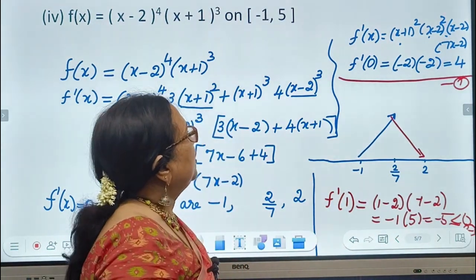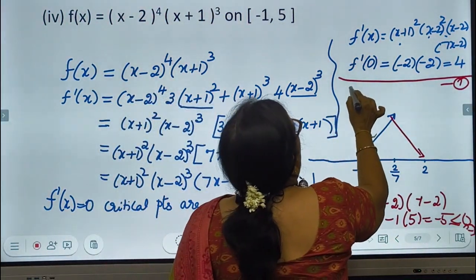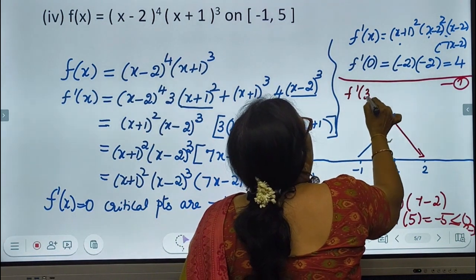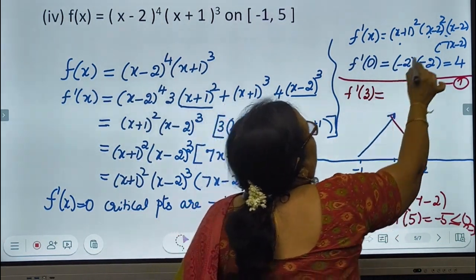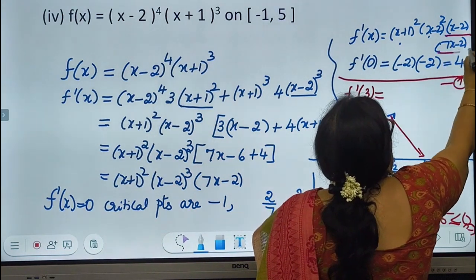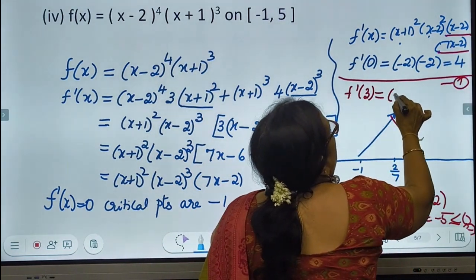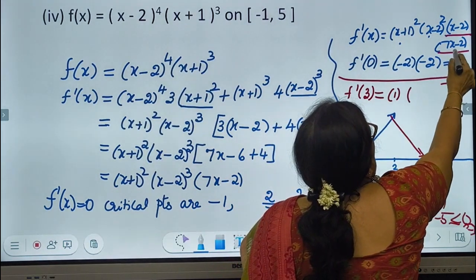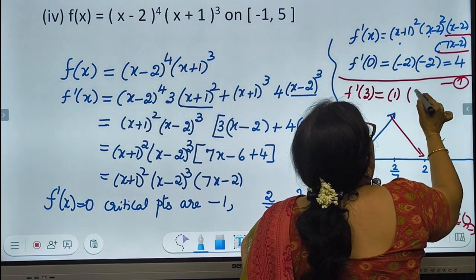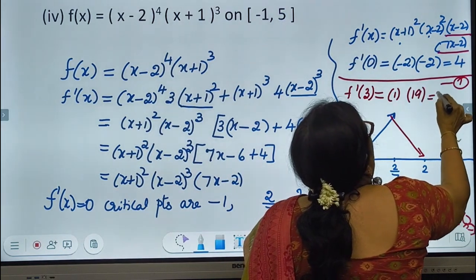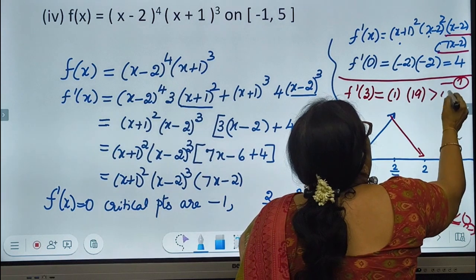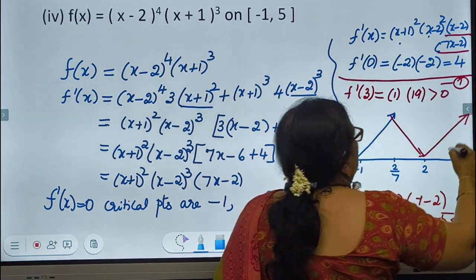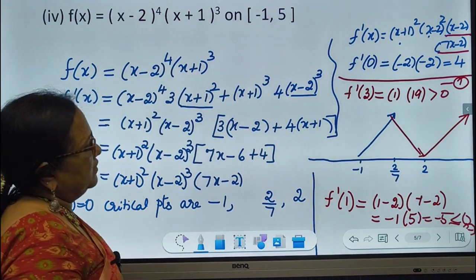Now beyond 2, I have to give a value. So what will be f'(3)? Again I have to substitute only these factors. 3 minus 2, which is 1, and 21 minus 2: 7 into 3 is 21, 21 minus 2 is 19, which is greater than 0. So the function is increasing.